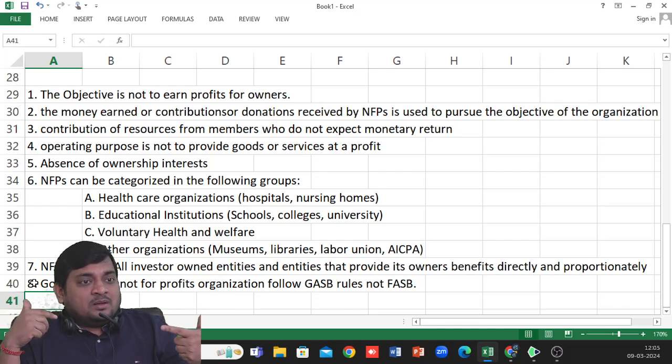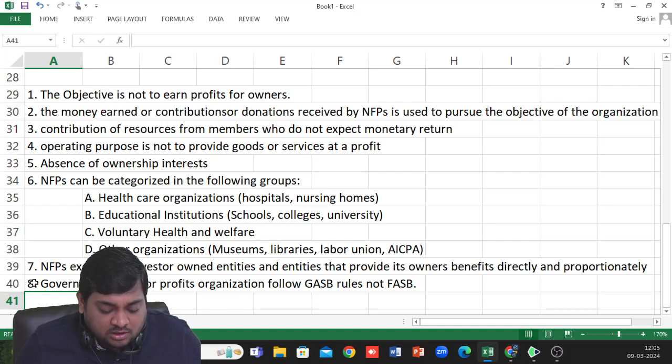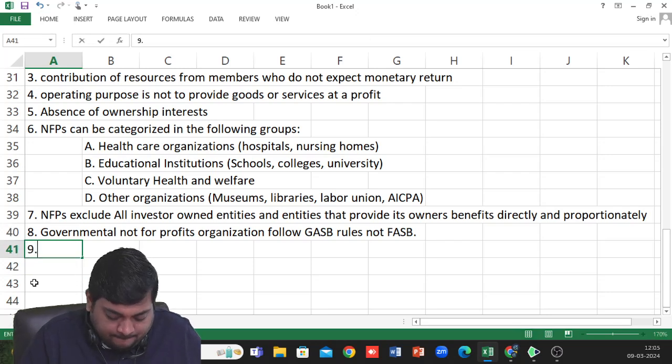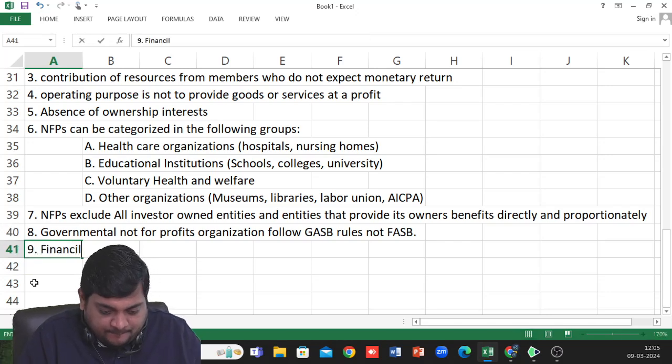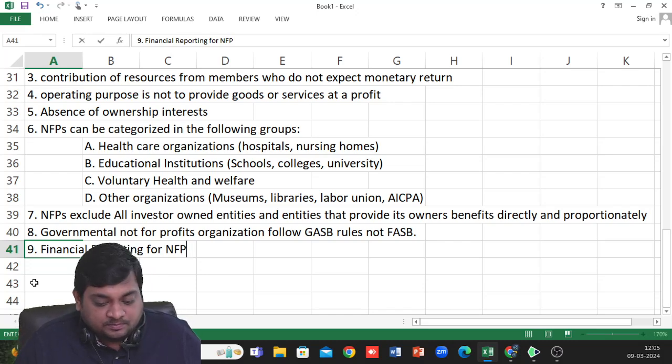Remember? But as per this US GAAP, when I talk about financial reporting for not for profit organizations, right?